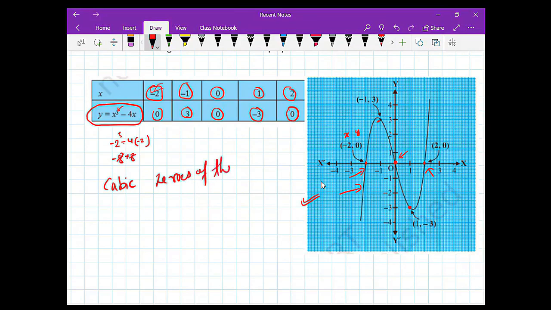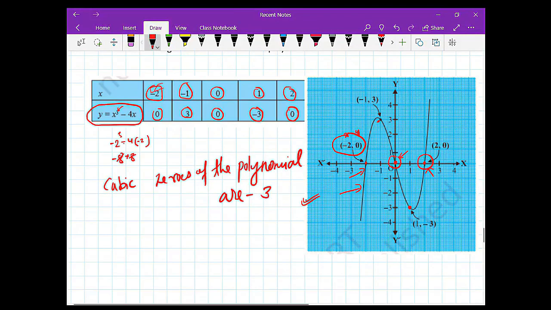The geometrical meaning is that the curve of this equation intersects the x-axis at 3 points: first minus 2 comma 0, second the origin, and third 2 comma 0.